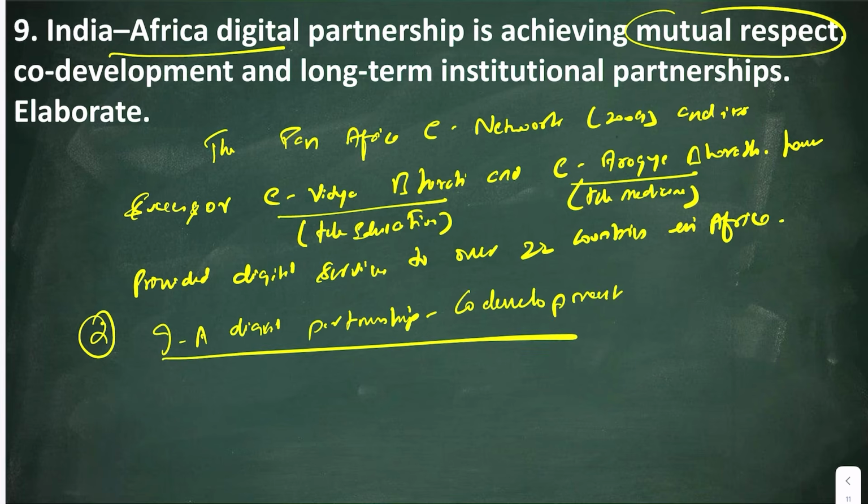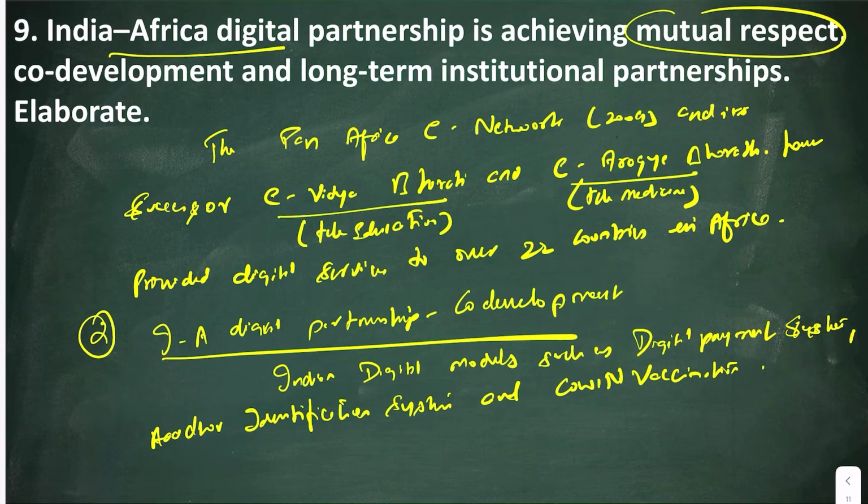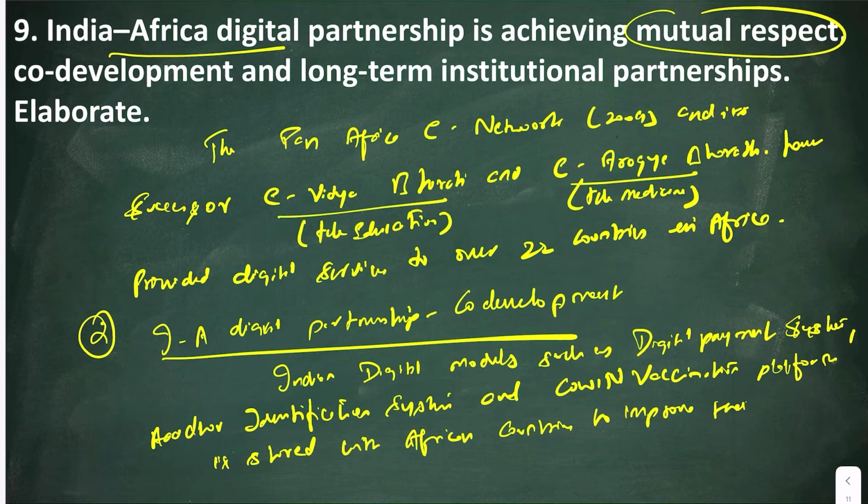So here elaborate telling Indian digital models such as digital payment system, Aadhaar identification system, and COVID vaccination platform is shared with African countries to improve their delivery of services in Africa.